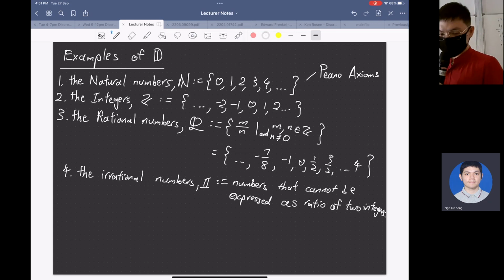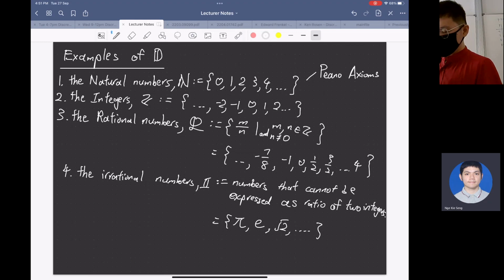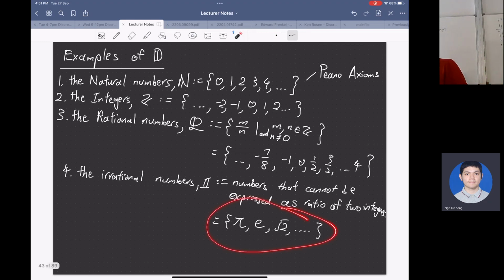For example, you have pi, e, square root of 2, and so on. When you do the decimal expansion, the pattern doesn't repeat, so you can't write it in this form.